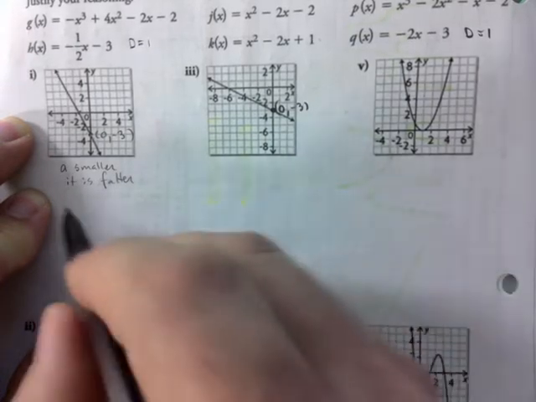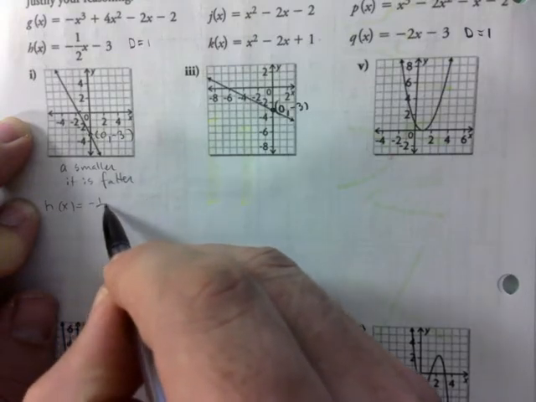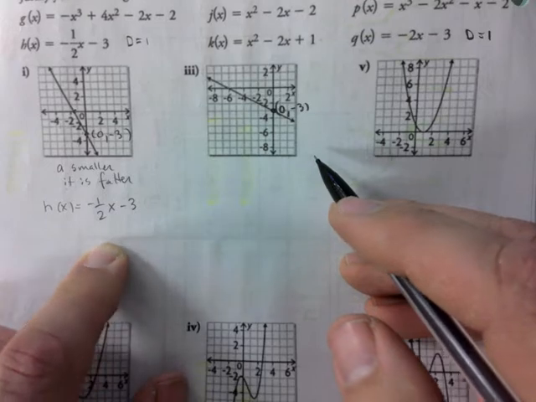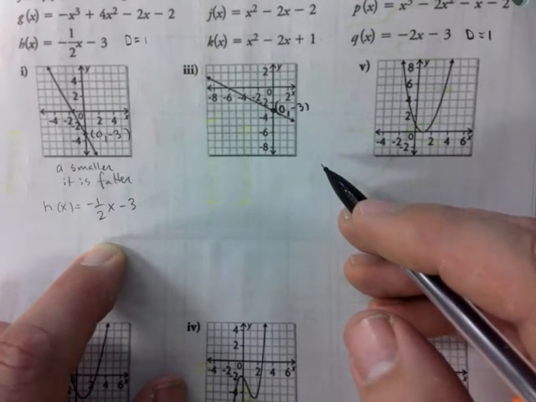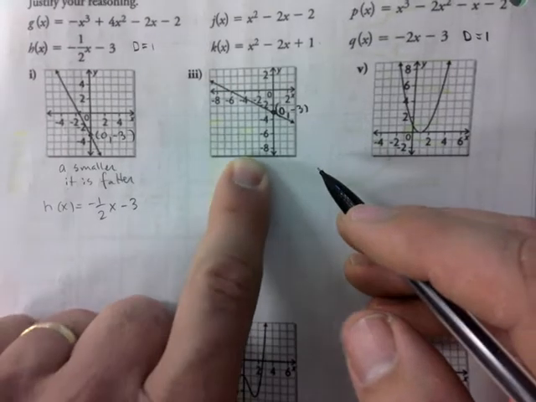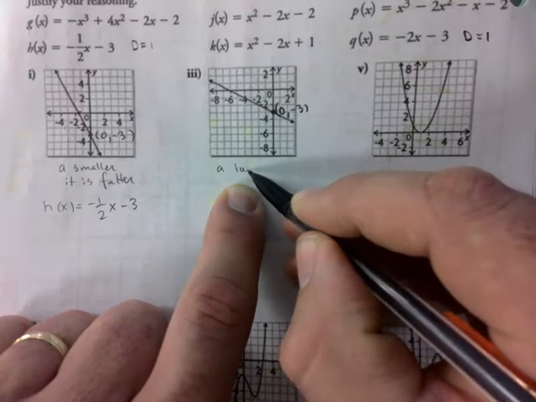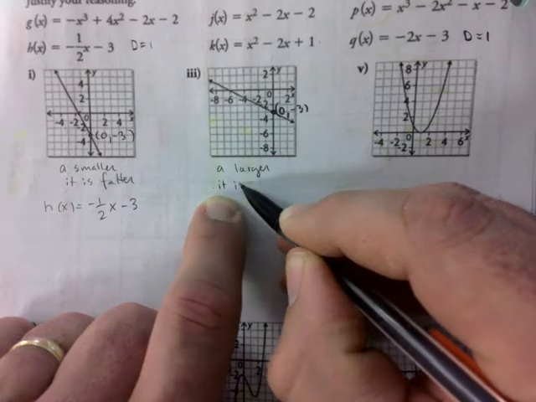So this one we would have to say is h of x equals -1/2 x minus 3. I usually wouldn't do that to you. I wouldn't have both of them with a y-intercept of -3. I would make one -4, -5, right? A larger a is steeper.